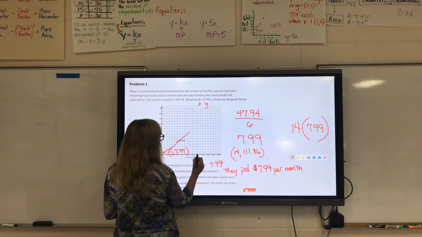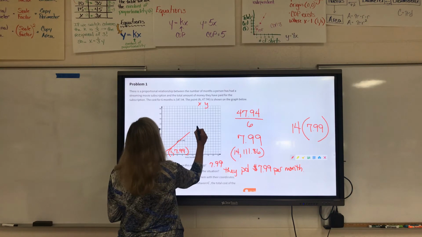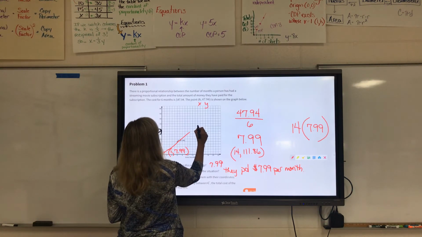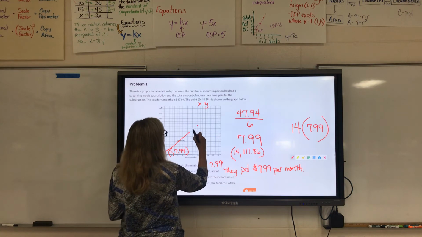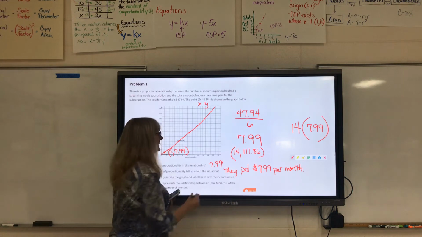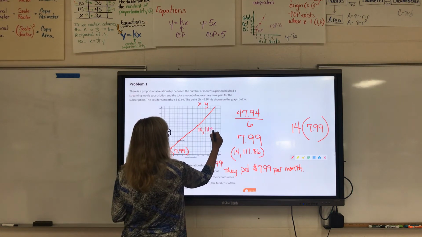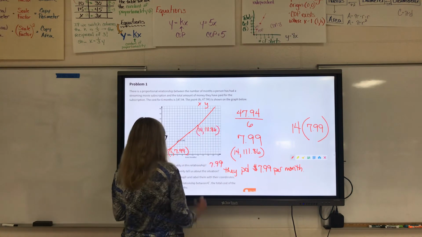So I'm going to come here at 14, and then I'm going to go to 111, which looks like this is 110, so it's going to be about right here. If I continue the line, is it going to go through that? Oh, look, it does. So this is 14, 111.86.